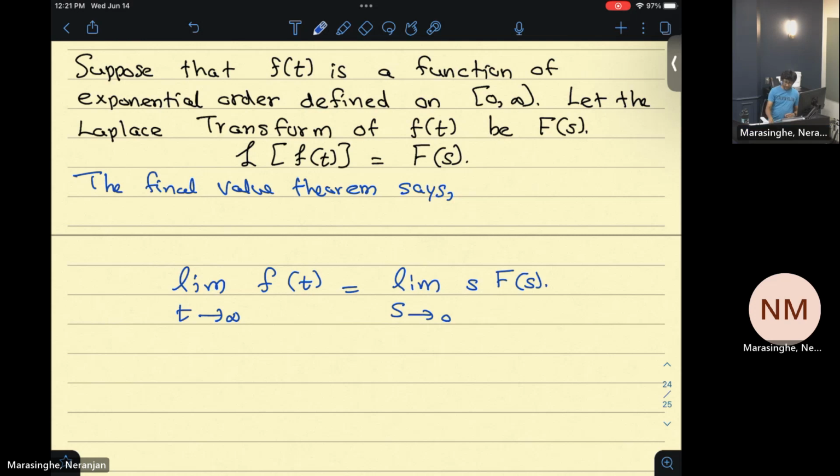That means we can find the limiting behavior of a system by using its Laplace transform, right? This is going to be very important, right? I would show you an example.